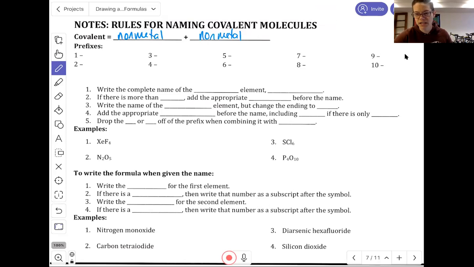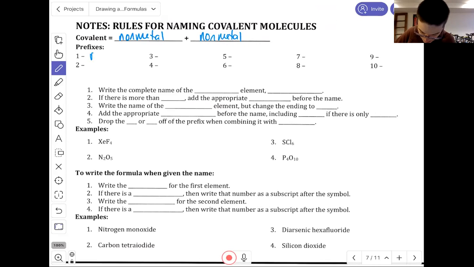But if you did not, these are your standard Greek prefixes that go along with numbers. So 1 is mono, 2 is di, 3 is tri, 4 is the only weird one in this bunch because it is tetra.